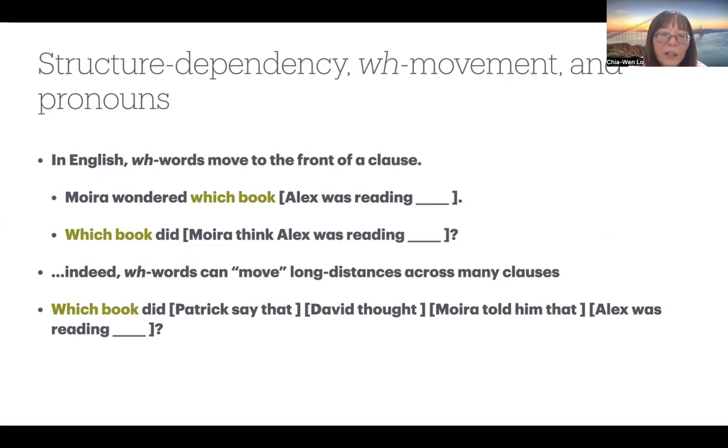And indeed, the WH word can move a long distance across many clauses. For example, we can say, "Which book did Patrick say that David said Mora told him that Alice was reading?" So "which book" can move across three clauses to the front of the sentence.